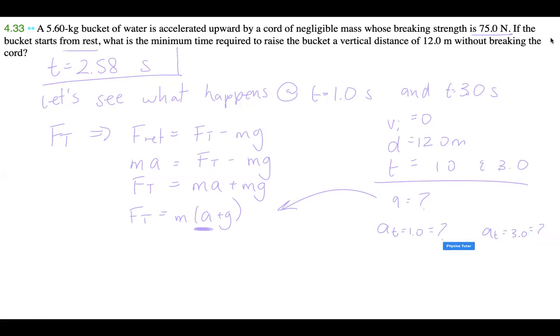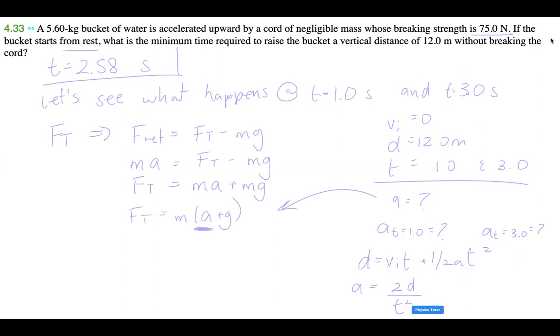Again, we're just going to use our equation, sorry, just pulling it out again. Okay, so our equation was, again, this. D is equal to v naught t plus half a t squared. And we're just going to isolate for a, which is going to be 2d over t squared.